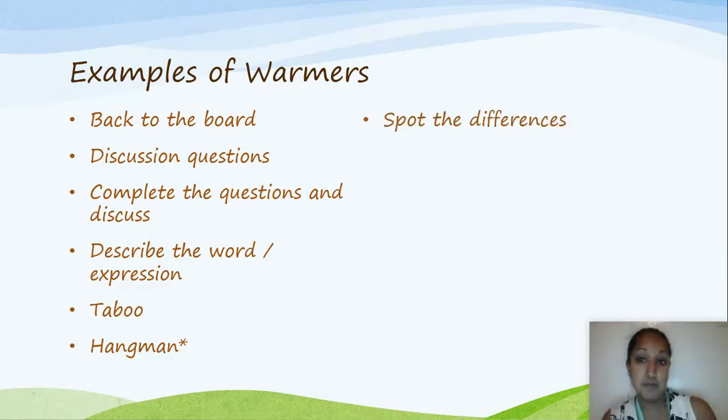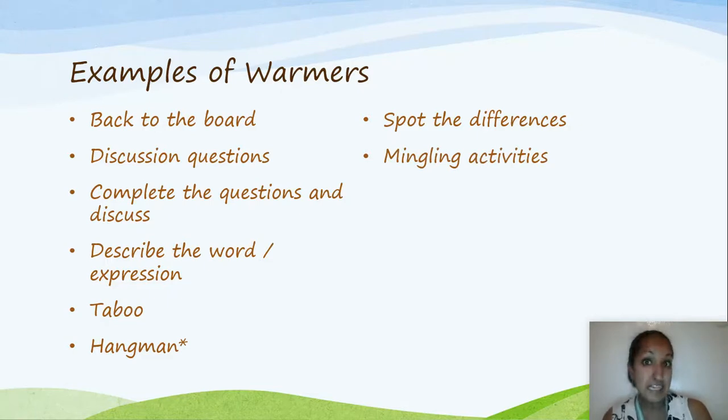You could have a spot the difference activity where you give each person in a pair a different picture, similar pictures with some differences, that they have to describe to each other. They can't show each other their picture. And by communicating, by talking, hopefully they will notice some of the differences between their pictures.